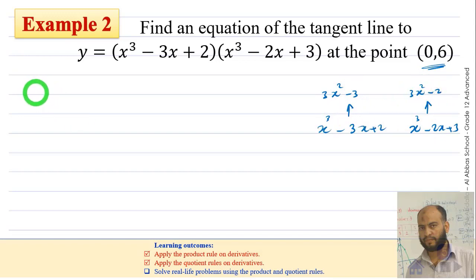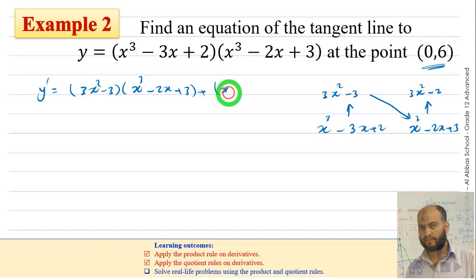Then we can apply the product rule to find y prime: the derivative of the first function, 3x to the power 2 minus 3, times the second one, x to the power 3 minus 2x plus 3, plus the first function, x to the power 3 minus 3x plus 2, times the derivative of the second one, 3x to the power 2 minus 2.